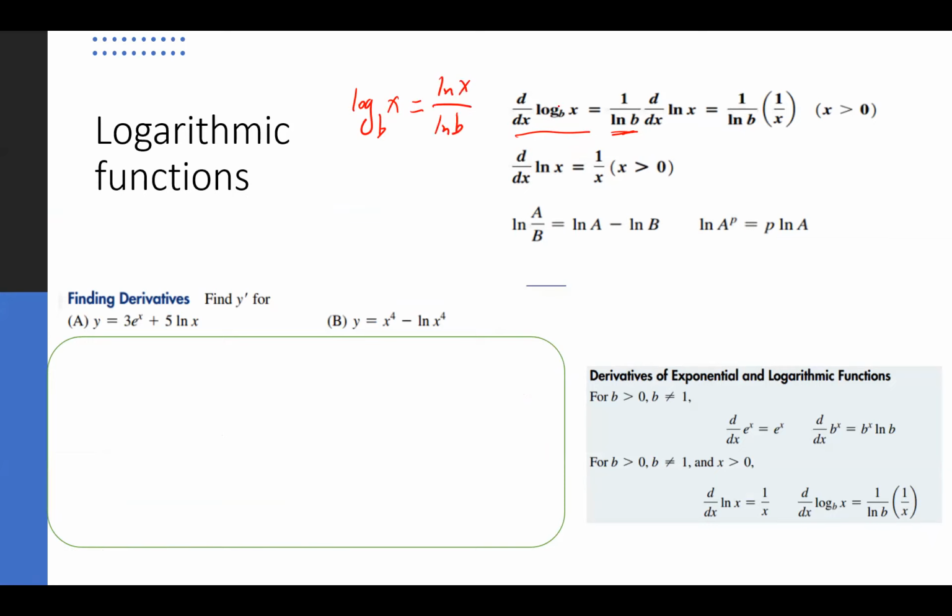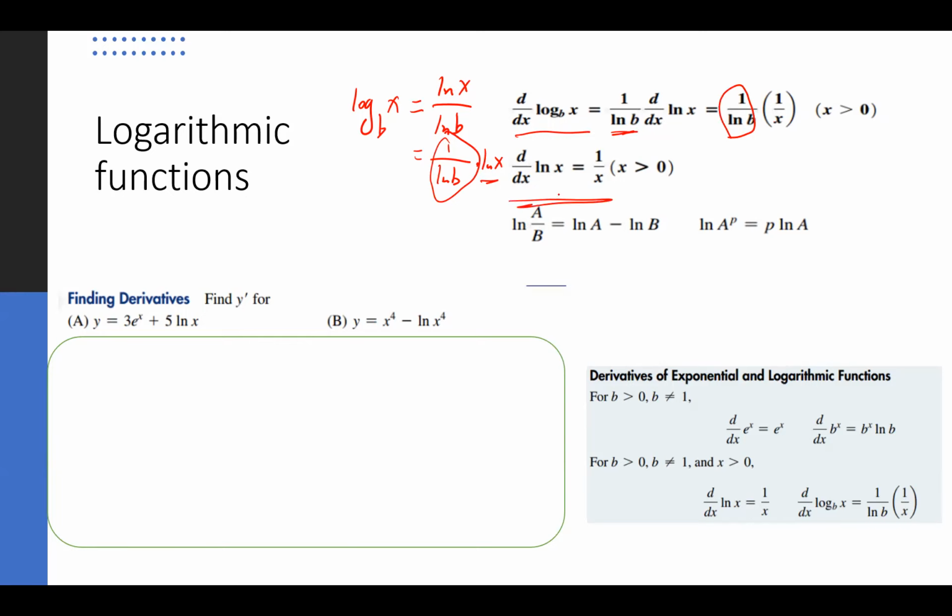And if we take the derivative, this is a constant, 1 over ln b, times ln x. So a constant stays as a constant when I take the derivative, and ln x becomes 1 over x.